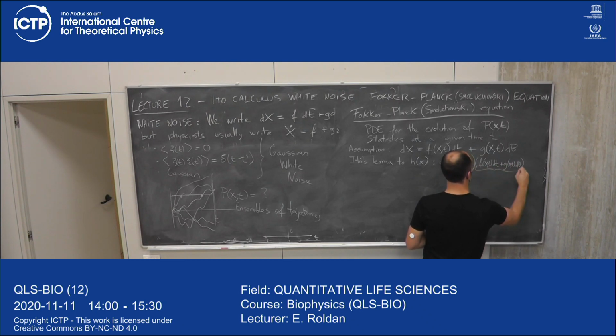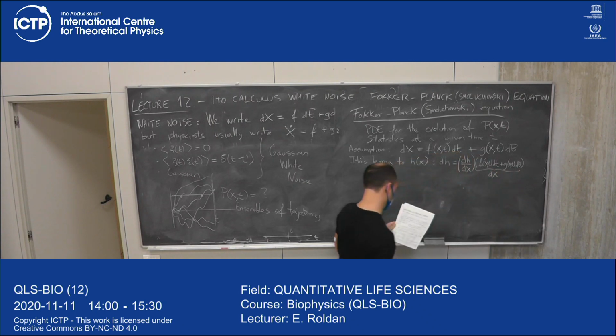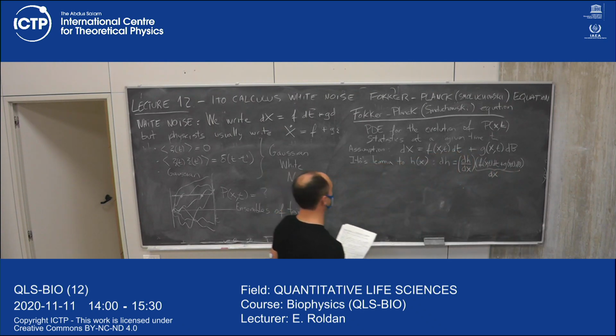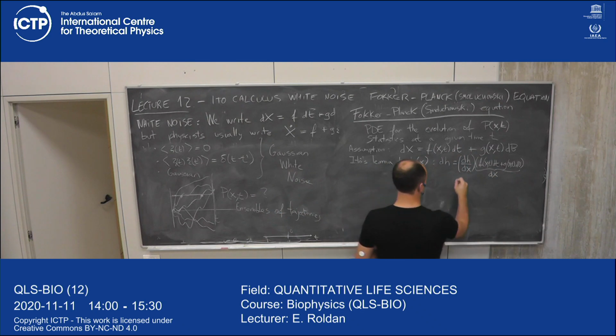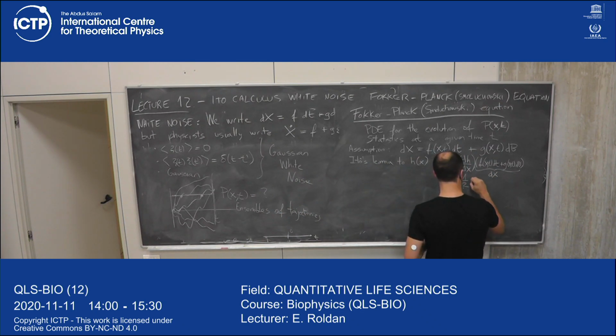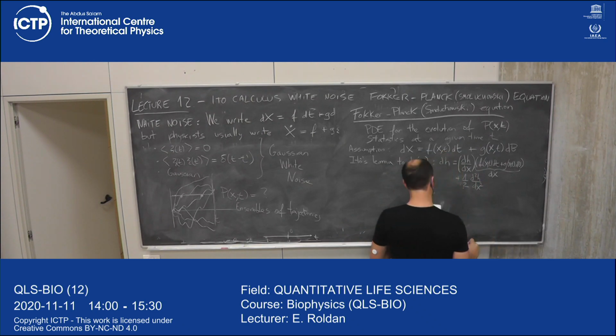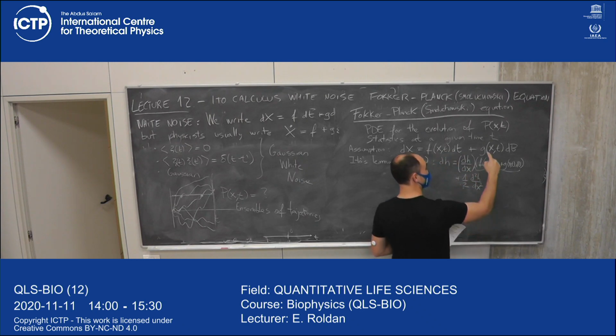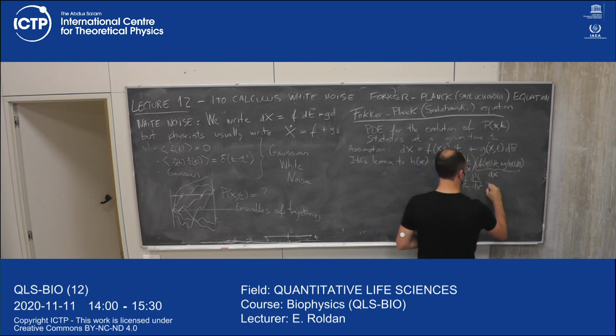This is dx. And then there is the plus 1/2 second derivative times the square of dx. The square of dx gives g squared dt.